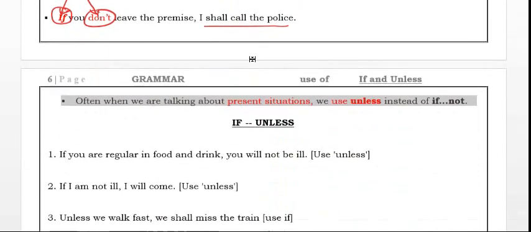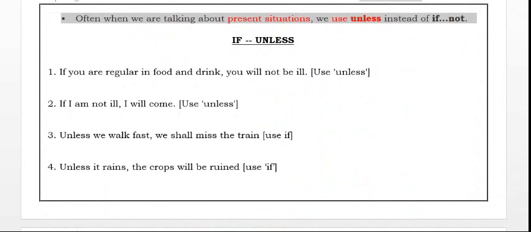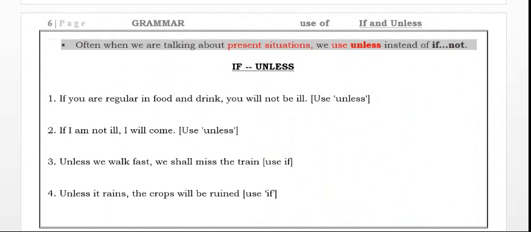Now let's do a different type of examples and exercises. If I have it in the other part, so I will not. Our rule is if positive, unless plus not. Let's go on with this.